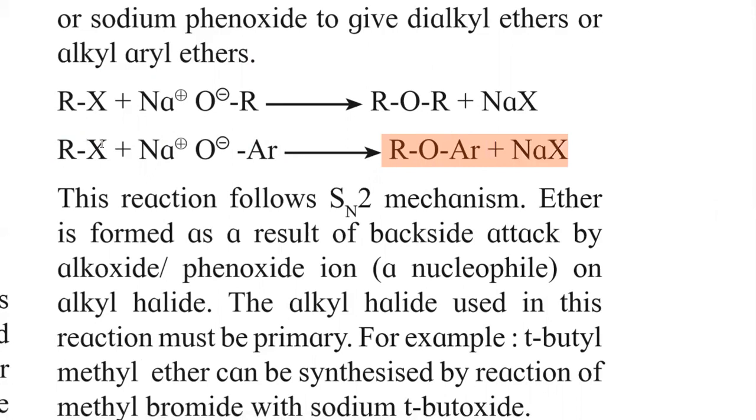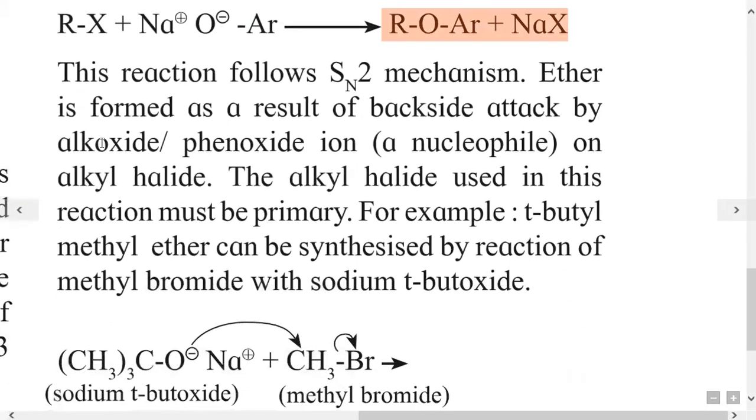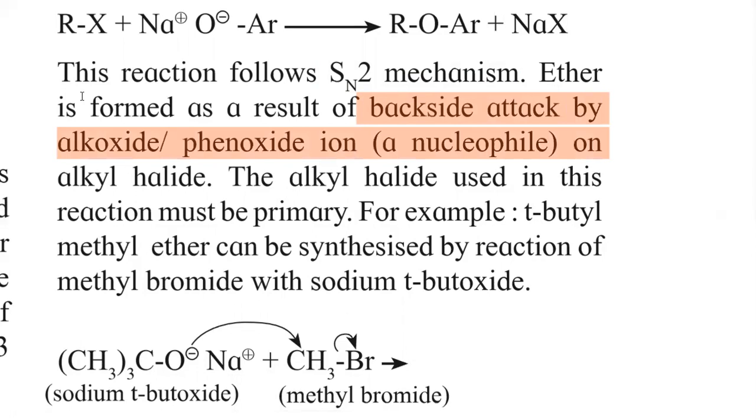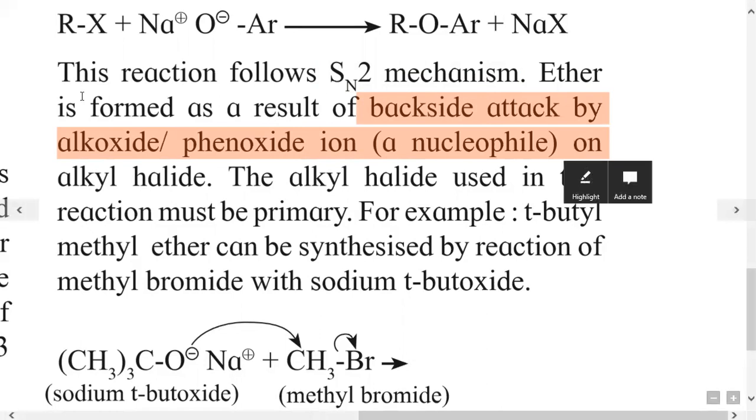Side product is sodium halide. So this reaction follows SN2 type of mechanism. Here ether is formed as a result of backside attack by alkoxide or phenoxide ion on alkyl halide.